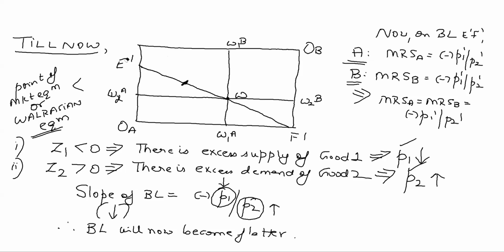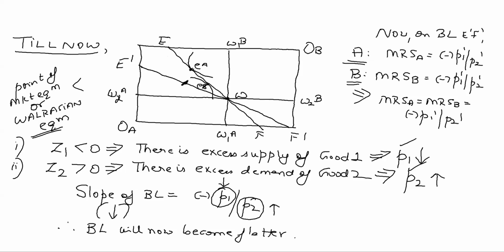What was my budget line? If you remember, initially my budget line was this EF. And A was consuming here and B was consuming somewhere here. This was EA and this was EB. You will see this will never happen.